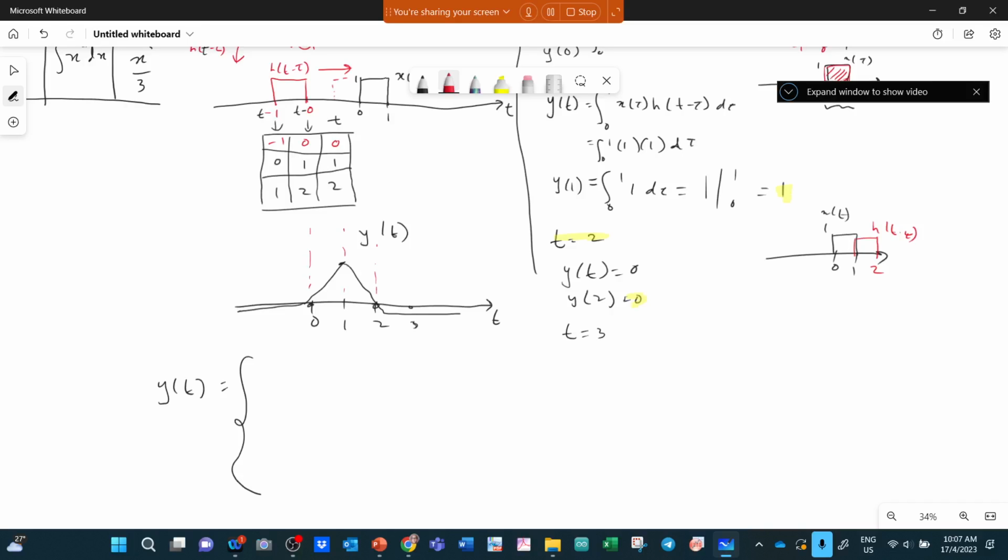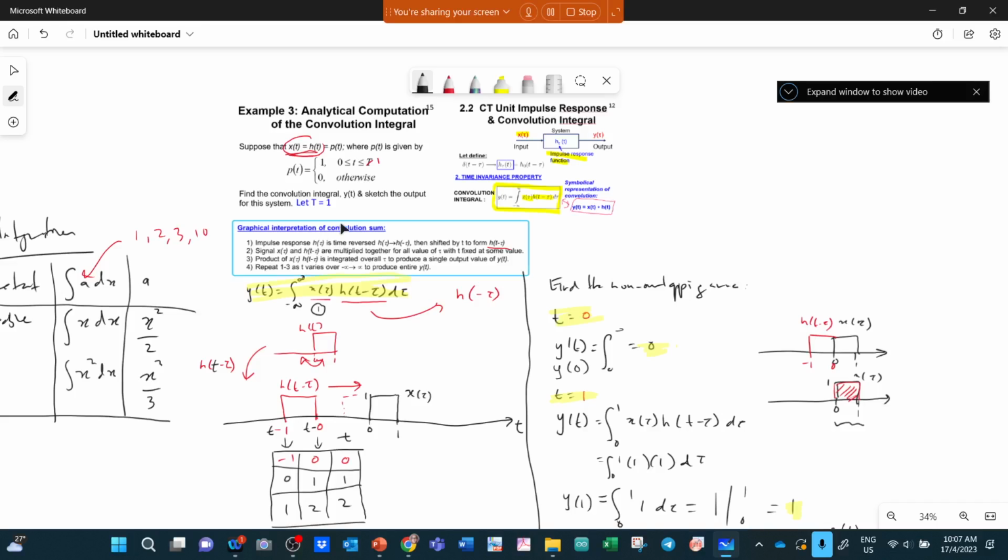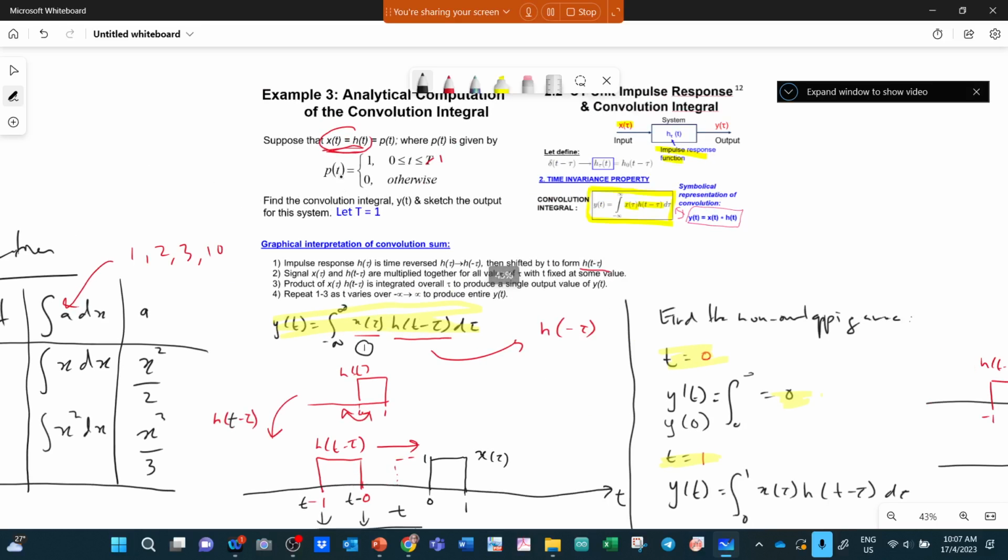Okay, case number 1, 2, 3, 4. Okay, so we are going to try to write back in terms of the question just now. Question dia macam ni kan tadi? Input kan? For t between 0 to 1 and the rest is 0. So we are going to write it in terms of that for the output juga.